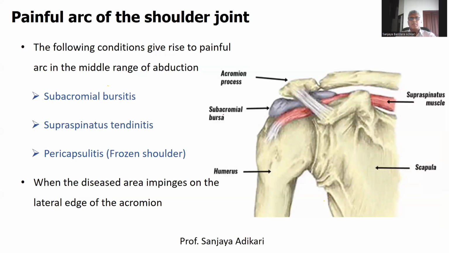Say this is the subacromial bursa. So in subacromial bursitis, for instance, when you abduct above 50 degrees, you get this impingement here and it causes pain.